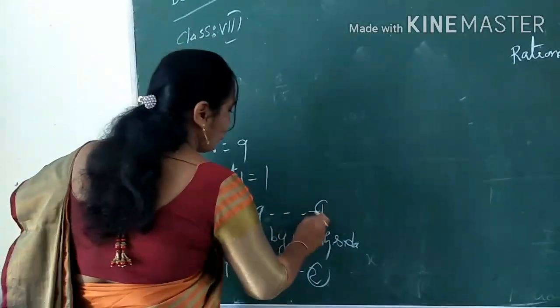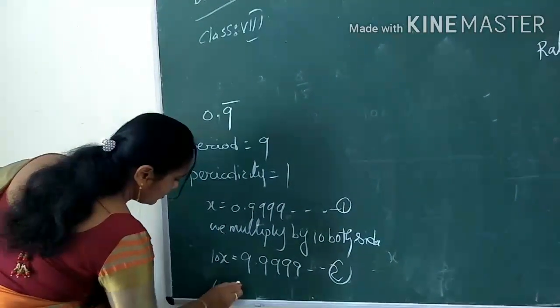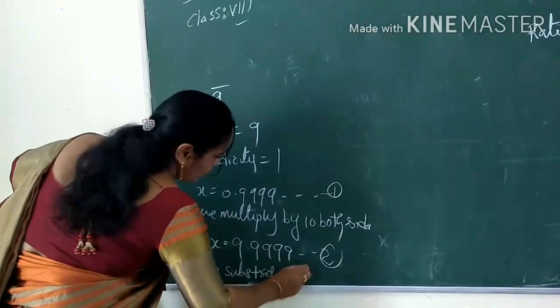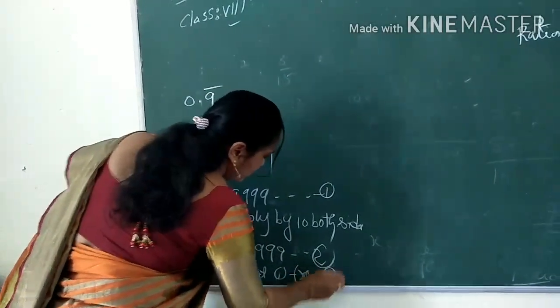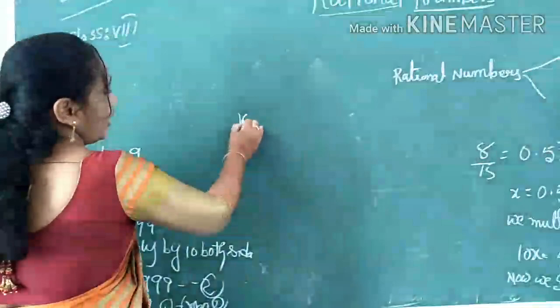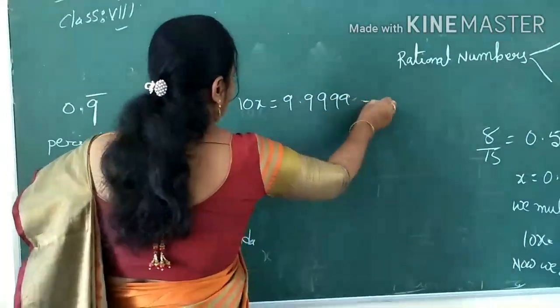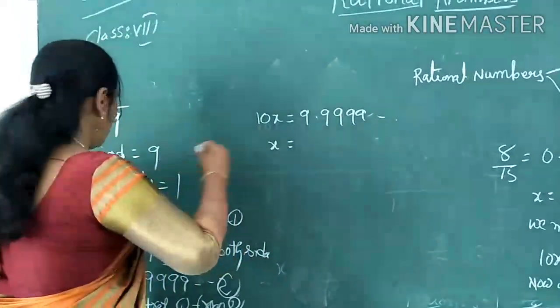This is the second equation. Now we subtract the first from the second. 10x equals 9.9999, and x equals 0.9999.